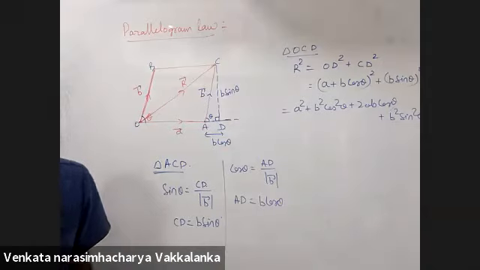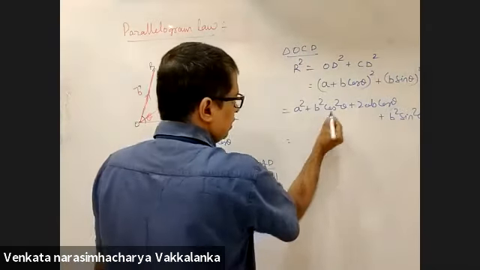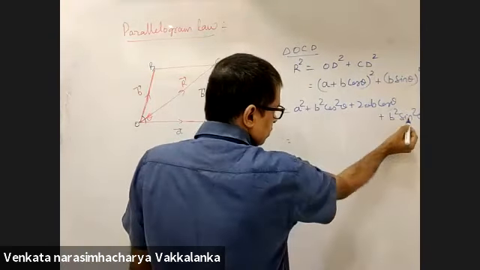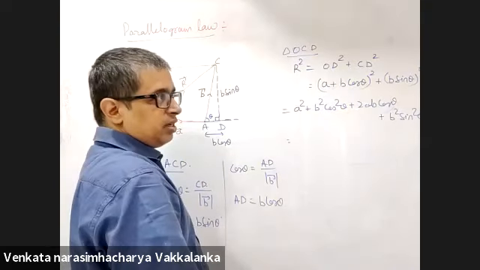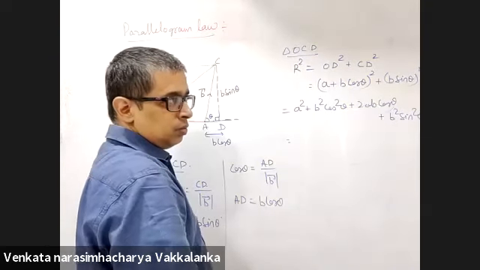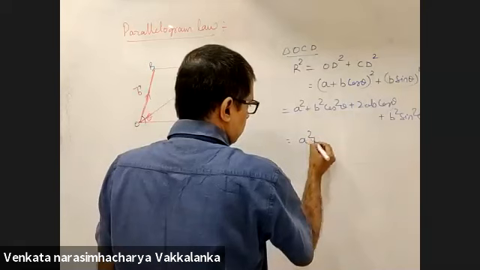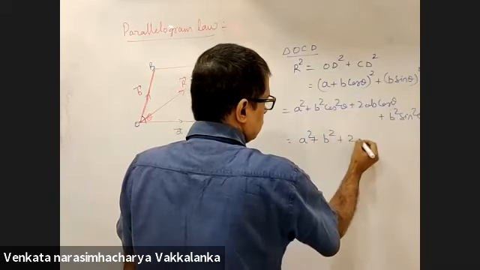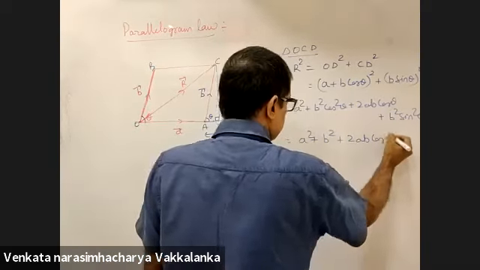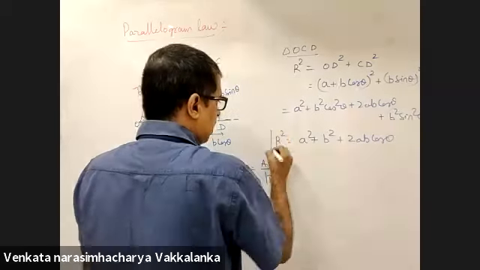Agree? Yes, sir. B square cos square theta plus B square sin square theta is equal to B square. So we get A square plus B square plus 2AB cos theta. This is R square.